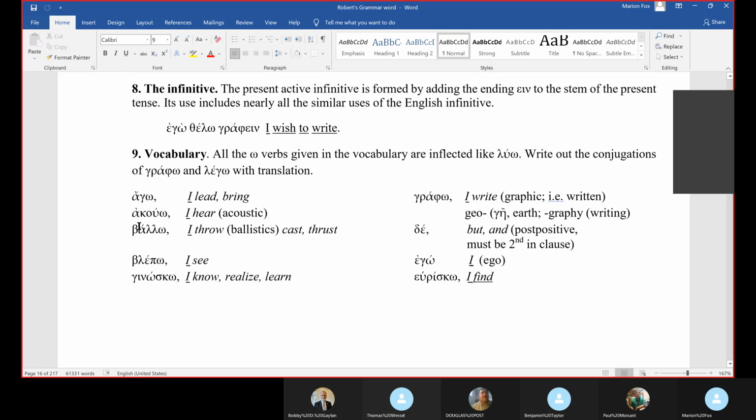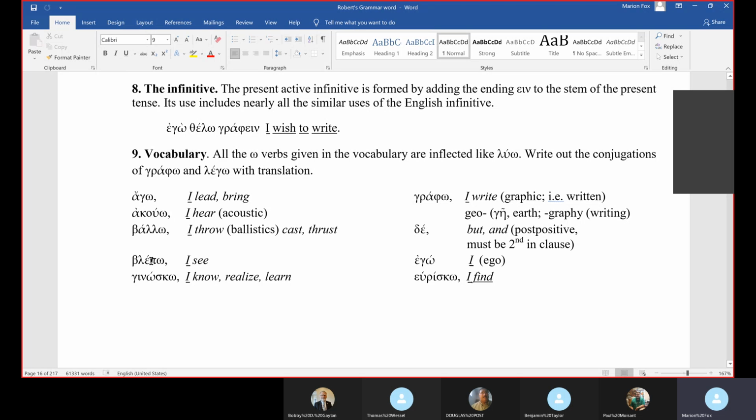Balo. It often gets the emphasis. Two syllables, balo, and then of course you break it between the two lambdas. Balo. Put the emphasis on the alpha. Balo. And of course our word ballistics and ball and so forth come from this word. But this is a verb. Notice the omega ending.